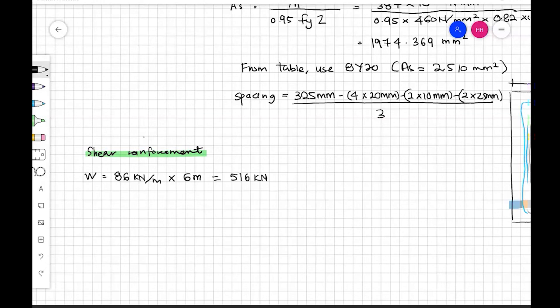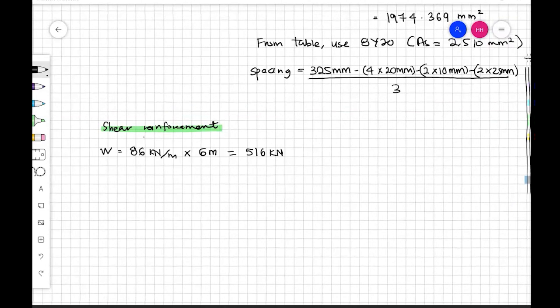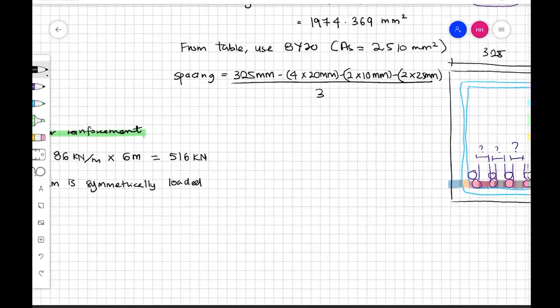Okay, and then we know that the beam is symmetrically loaded. What does symmetrically loaded mean? It means you have your beam here, and then you have this UDL, which is 86 kilonewton per meter.